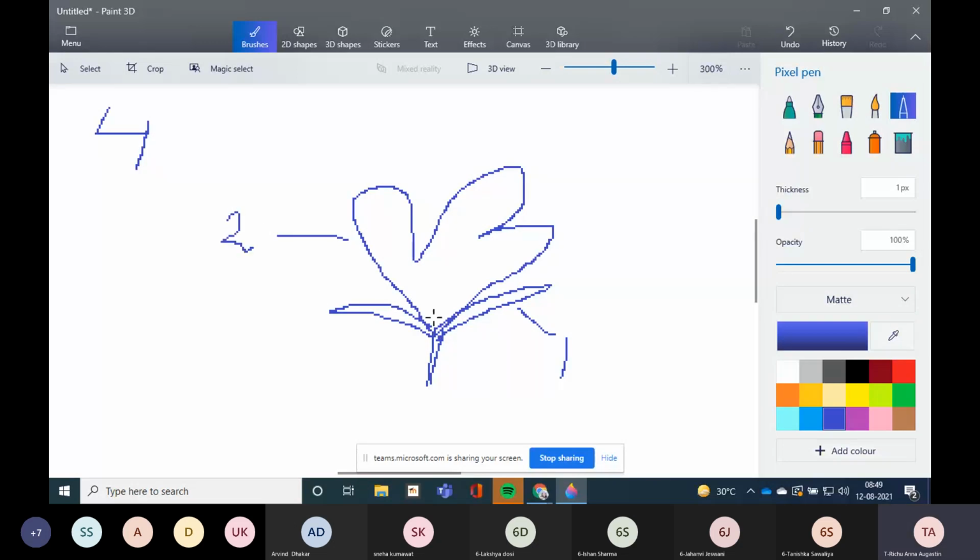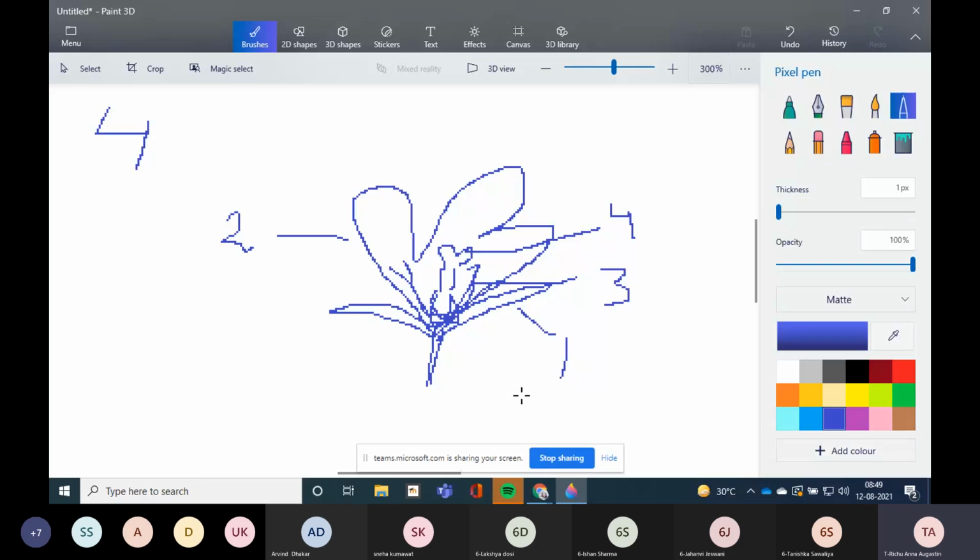Then the third one is the male part. The female part is surrounded by the male part. So this male part is the third one, which is the stamen. And the last, the female part, ovary, style and stigma, is the fourth whorl.